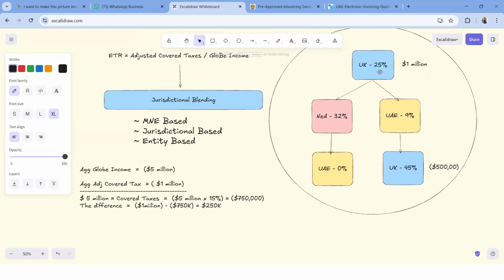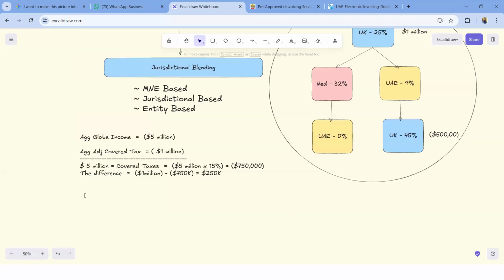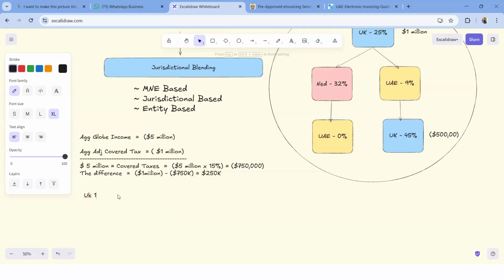So UK company one, its globe income is plus 1 million, and it has paid around 25% covered taxes. So this 250,000 would be the tax that it paid.